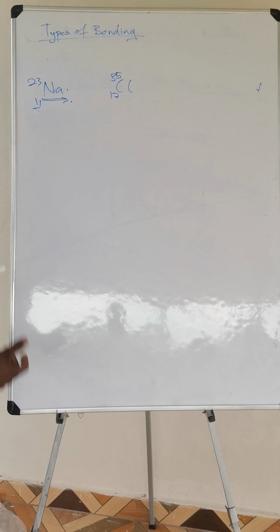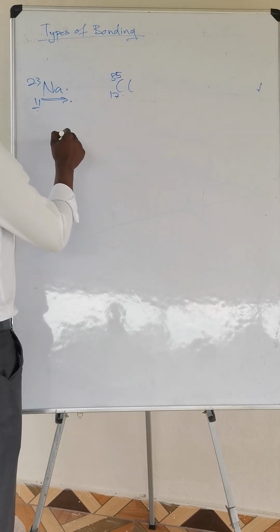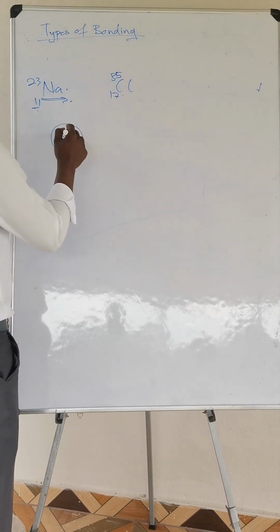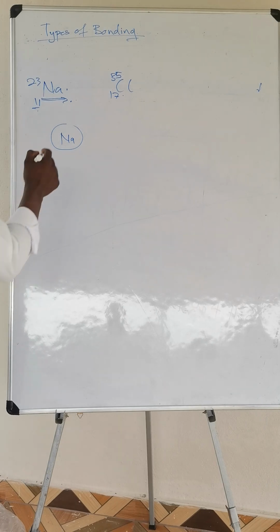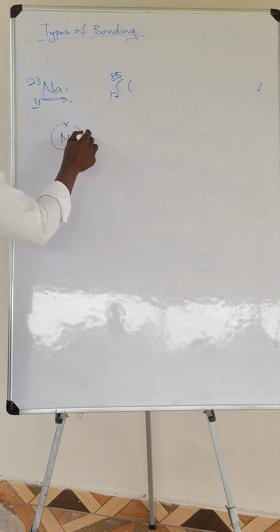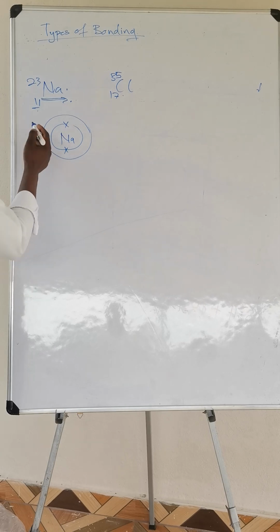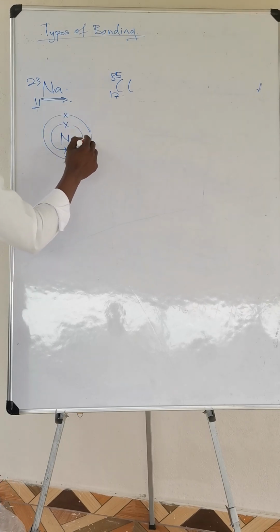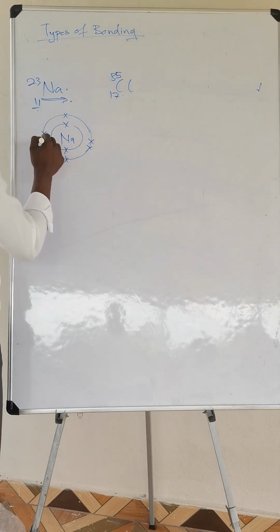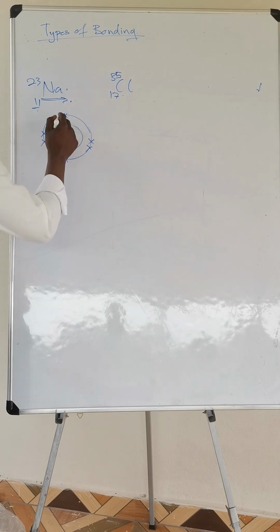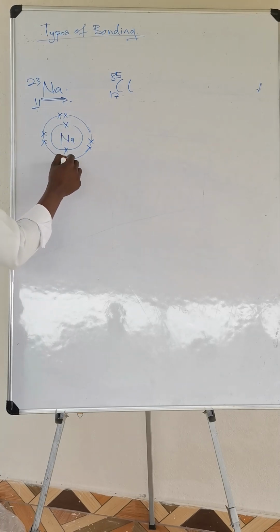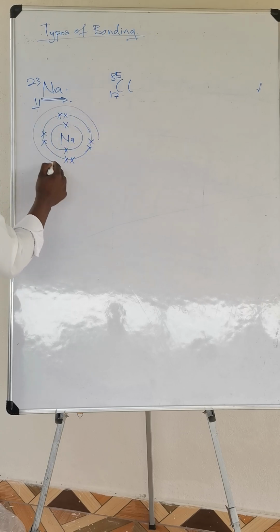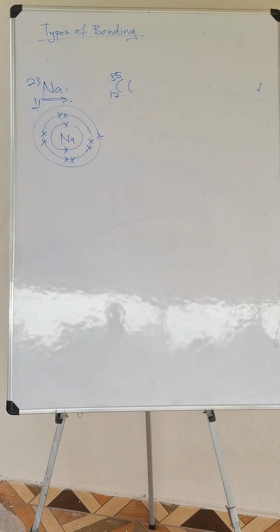So let's do the electronic configuration. For sodium, the inner shell takes a maximum of 2: 1, 2, then 2, 3, 4, 5, 6, 7, 8, then 9, 10, 11.